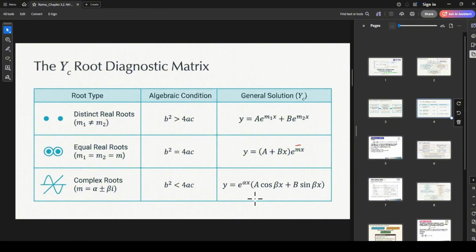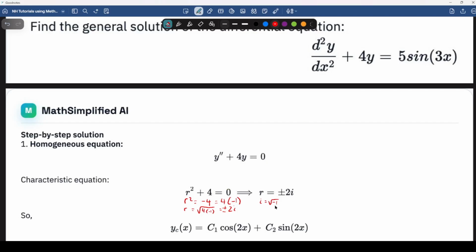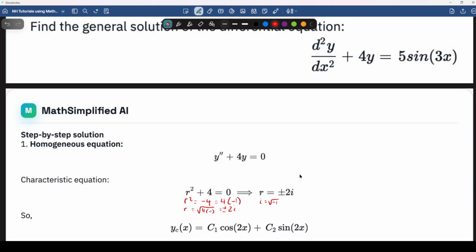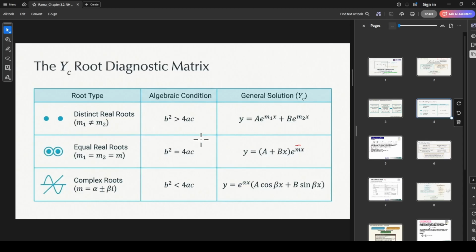However, the value of alpha here is 0. From our roots, plus or minus 2i, this gives alpha equals 0 and beta equals 2.